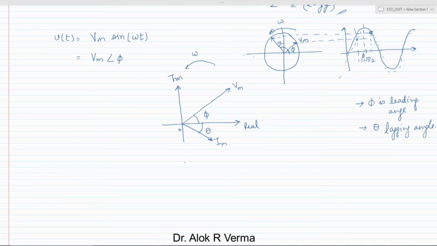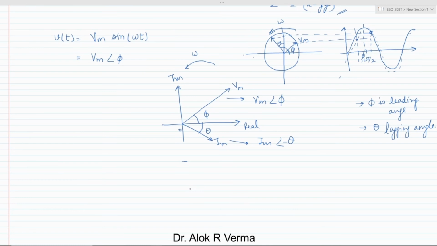So we will be writing the phasor: this phasor is nothing but Vm angle phi, and this phasor is nothing but Im angle minus theta. This is phi and this is minus theta.